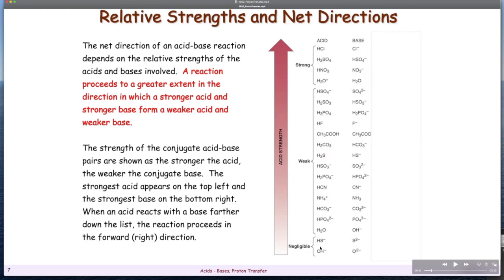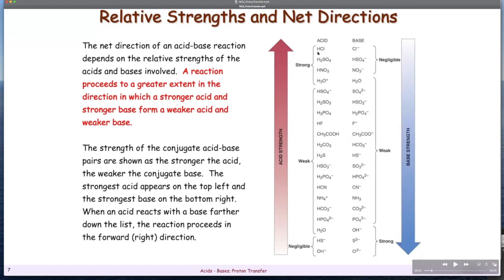And these are very, very weak acids. In fact, they're negligible. They're not considered acids because they don't want to donate their hydrogens. But look at their conjugate pairs. The very strong acid becomes a very negligible base. The conjugate is totally the opposite.